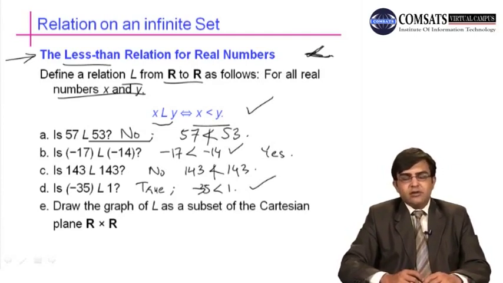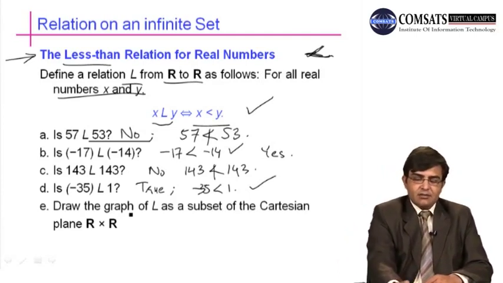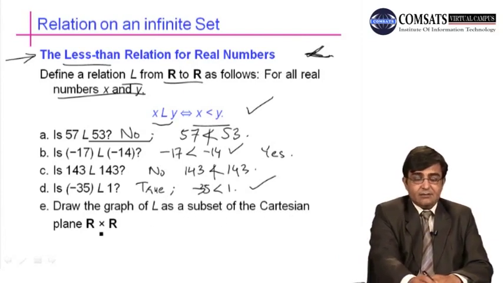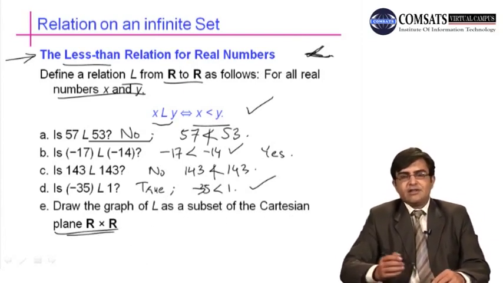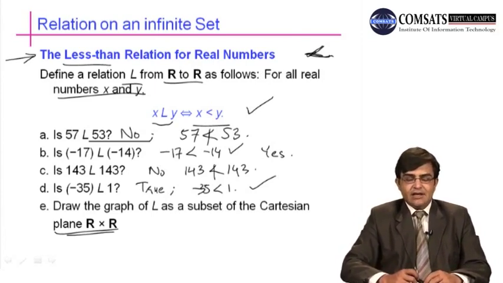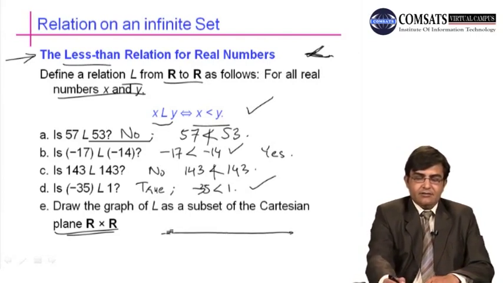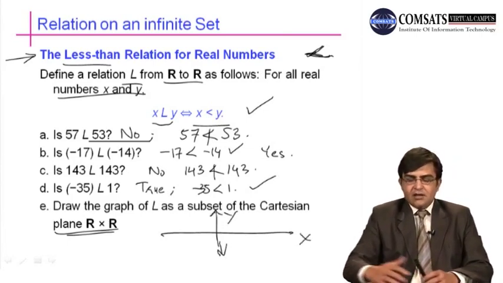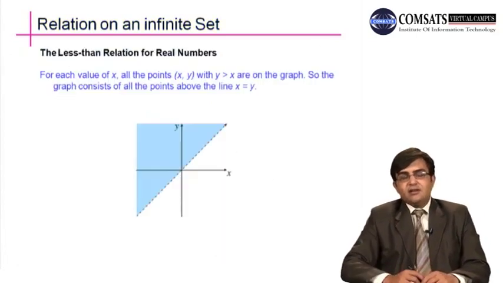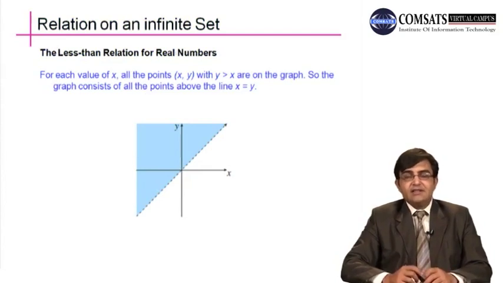Now if we want to draw the graph of L as a subset of the Cartesian product, the Cartesian plane, because if we take the Cartesian product of real numbers, where the set of real numbers is this line, we get the plane, where here we have x, here we have y. How can we define this relation on the Cartesian plane?